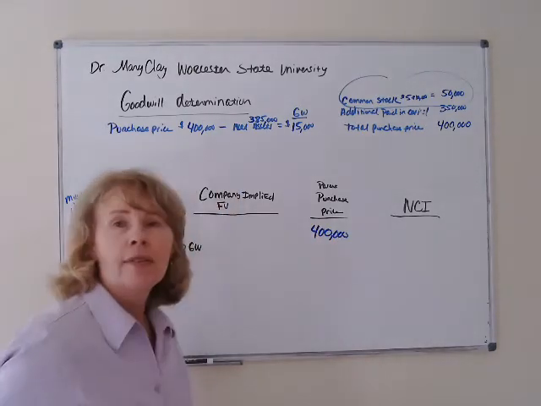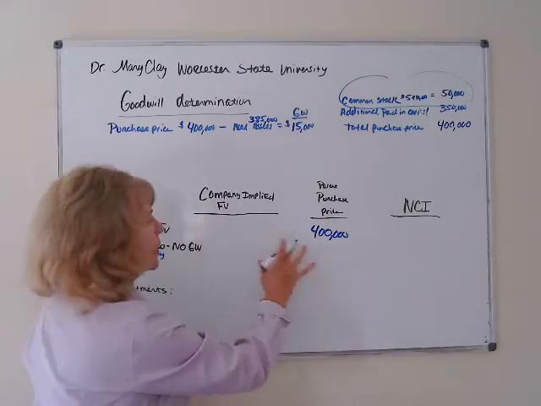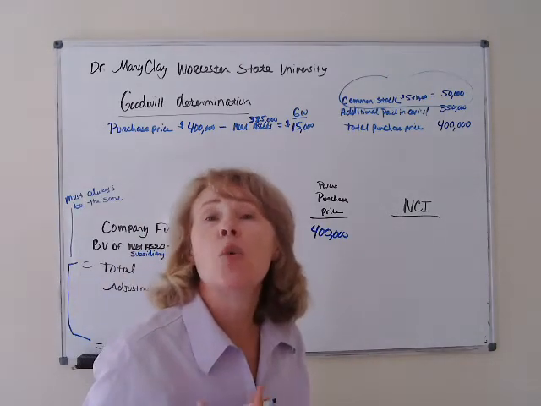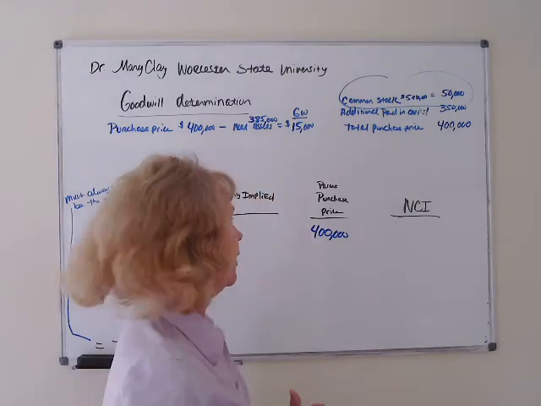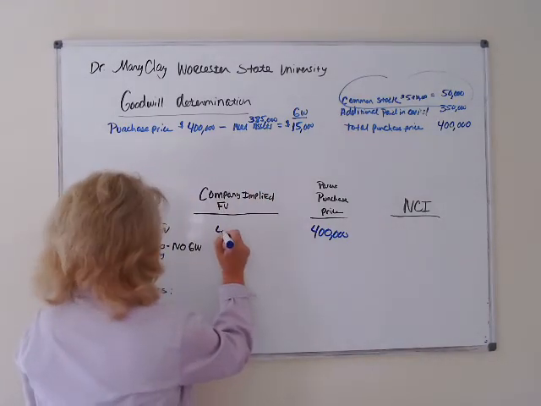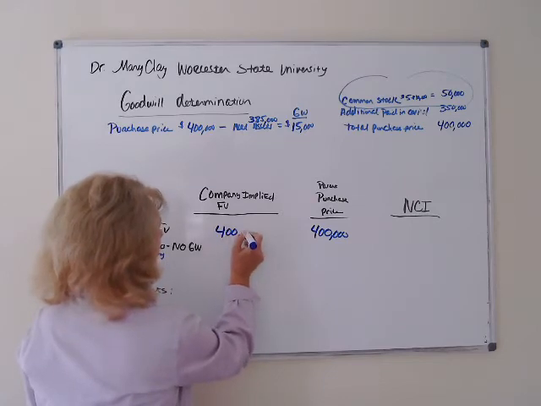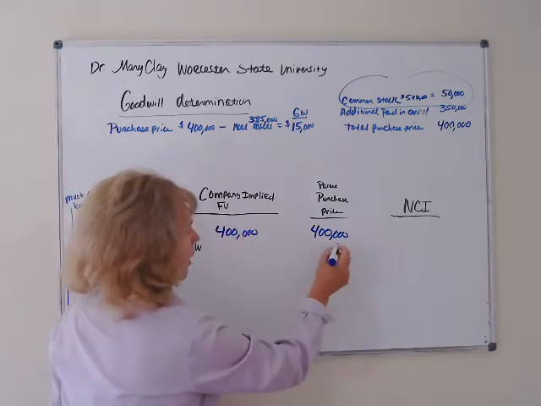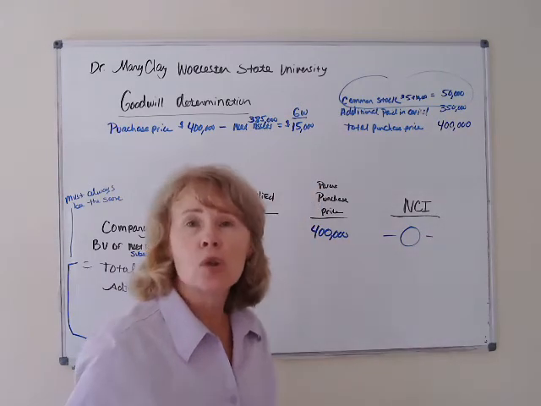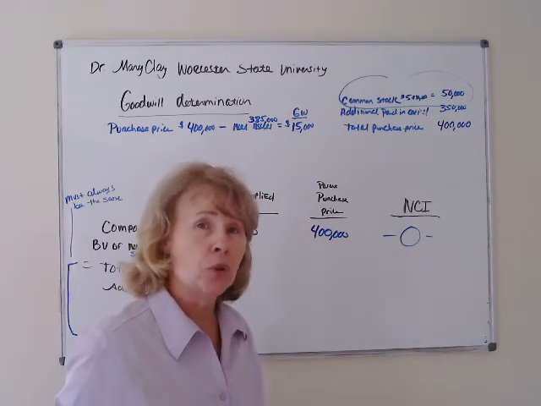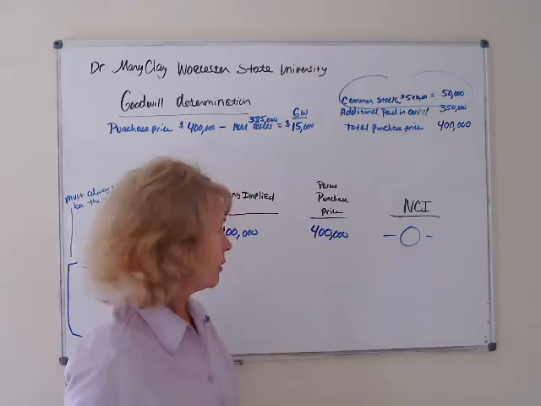The company implied fair value is exactly the same because it's 100%. Later on, I'll show you what you do when it's less than 100%. But right now, it's 400,000. You'll subtract the two. The non-controlling interest is 0. No one else owns this company besides you. You're the sole owner of this company.